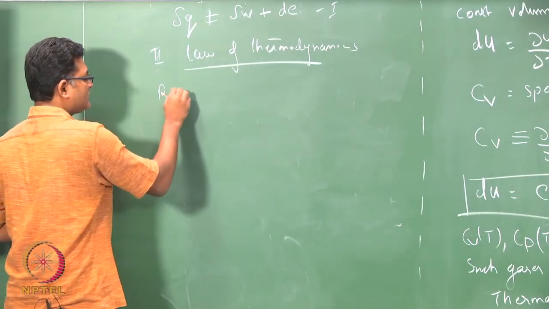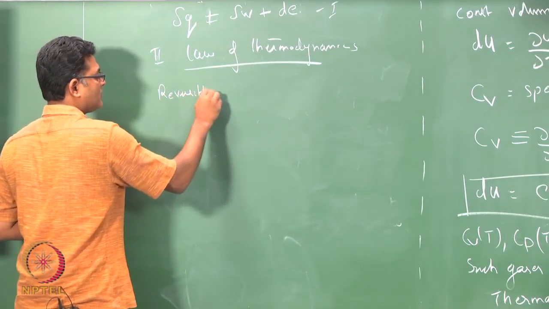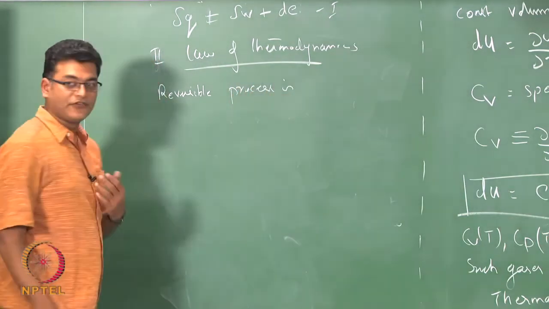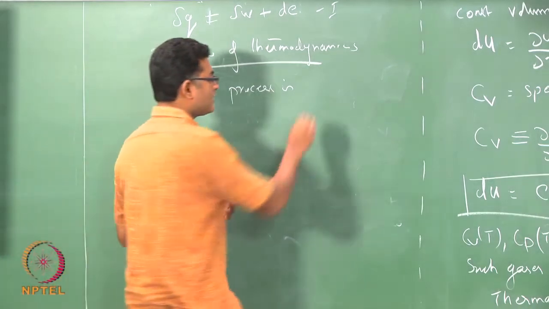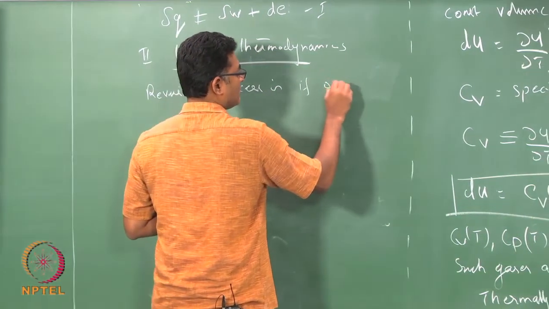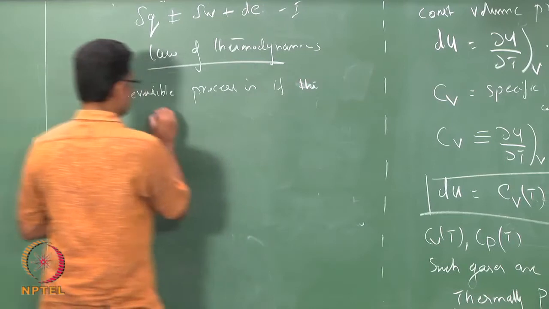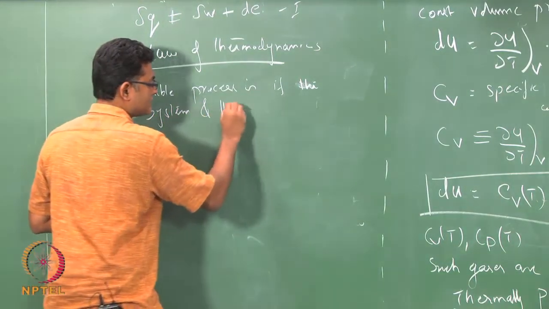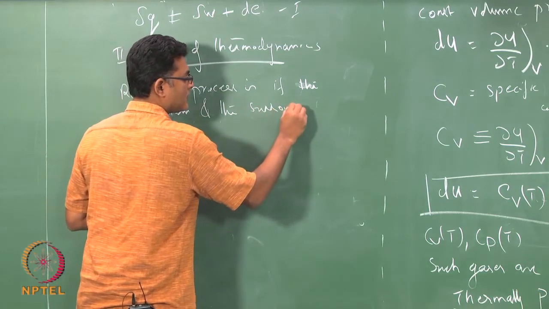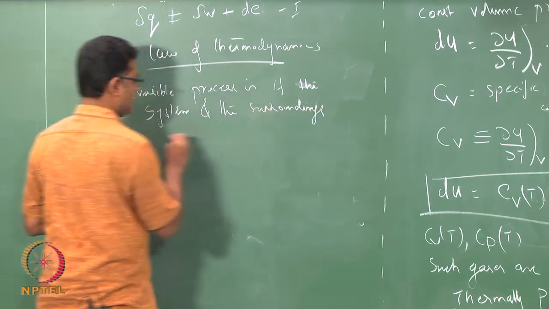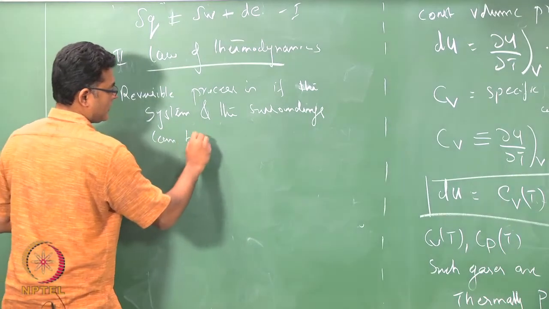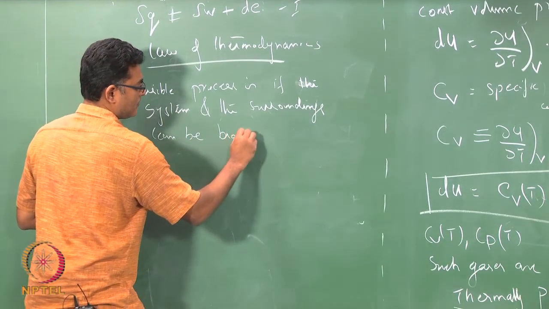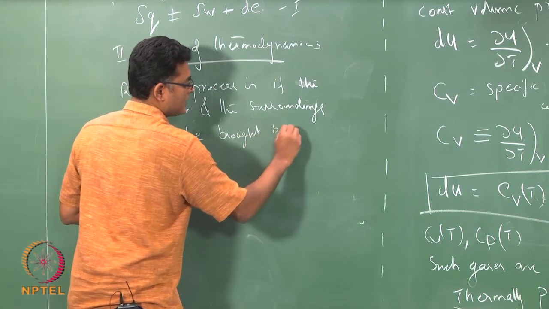A reversible process is one where the system and the surroundings can be brought back to the initial state.